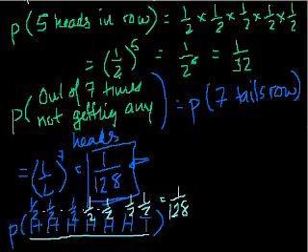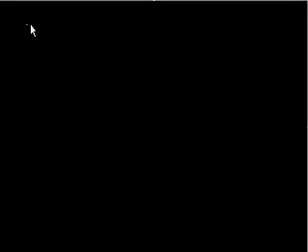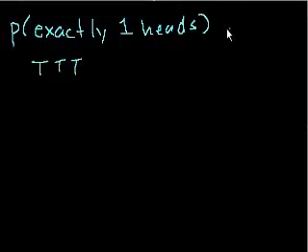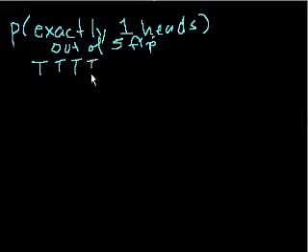So let me ask you a question. What's the probability of getting exactly 1 heads? So what does this mean? This means I could get, and let's say we're doing it 5 times, just so I don't waste too much time, out of 5 flips: tails, tails, tails, tails, heads.